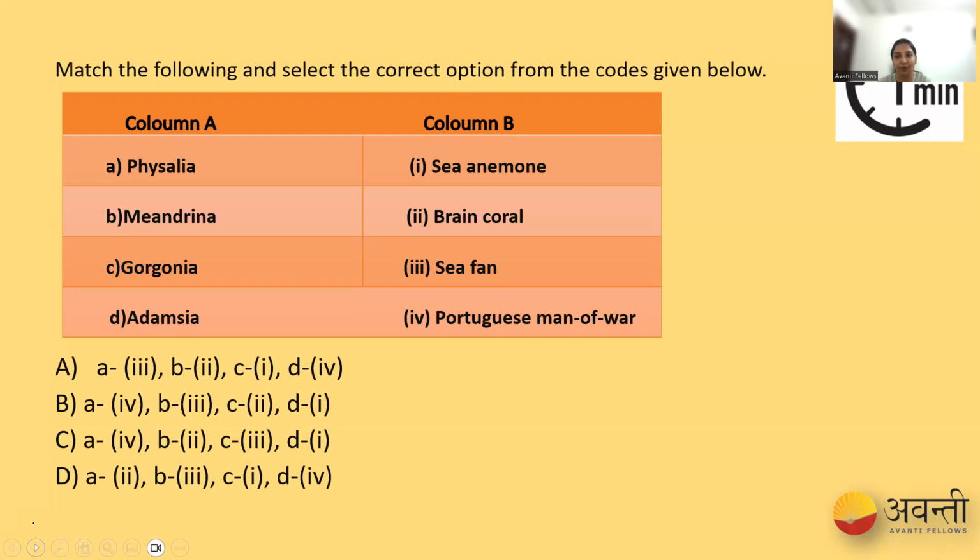It's a direct question from the NCERT and it's a very easy question. All the organisms which are mentioned in column A are from the phylum Coelenterata, which is also known as Cnidaria.